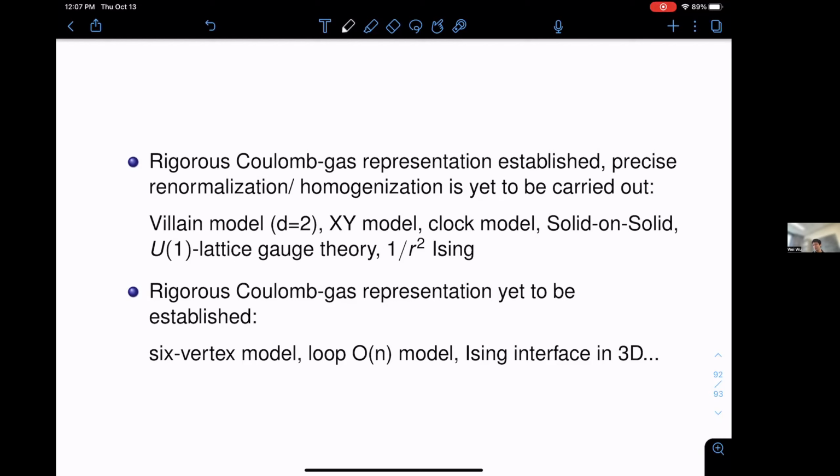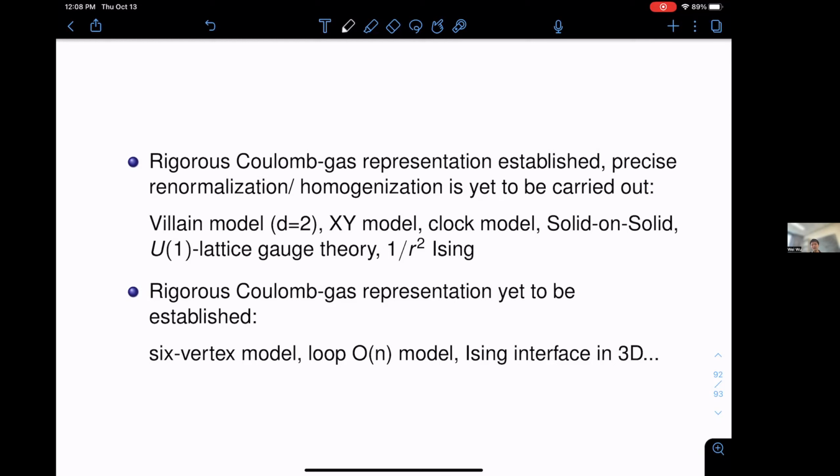For large Q, you shouldn't expect much difference, right? For the clock model, again, it's not as nice as Villain, where you can just expand your Gaussian into 2 parts.